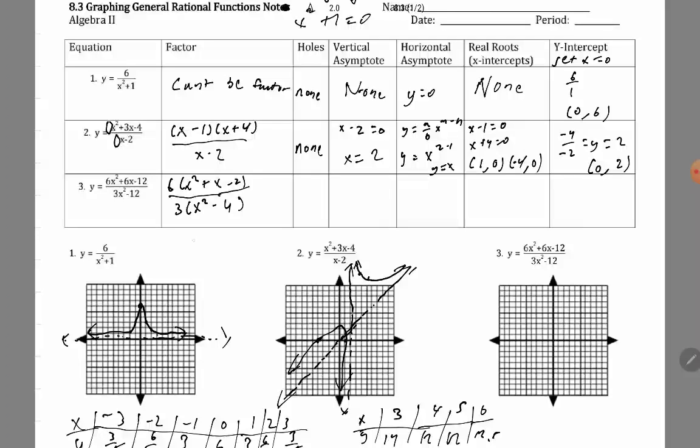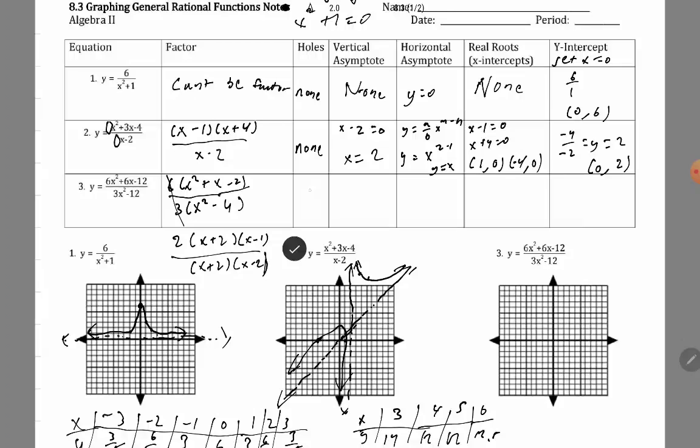In which this becomes, just going to go ahead and reduce now. So 2 times x plus 2, x minus 1 over x plus 2, x minus 2.